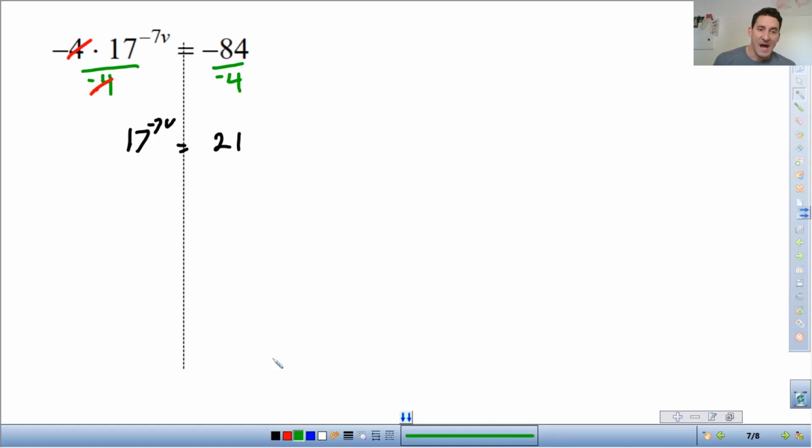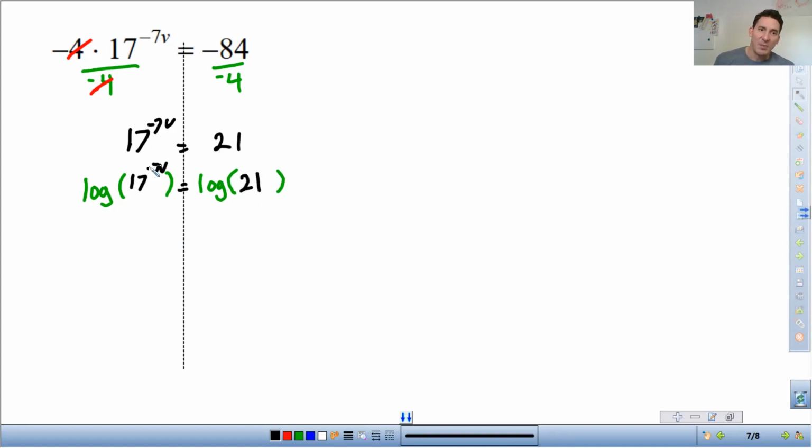Now, since I'm down to just the base with the exponent on this side, this is where I can take the log of both sides. So it's the log of 17 to the negative 7b equal to the log of 21.